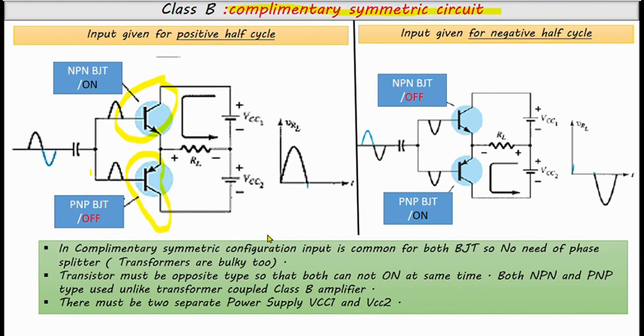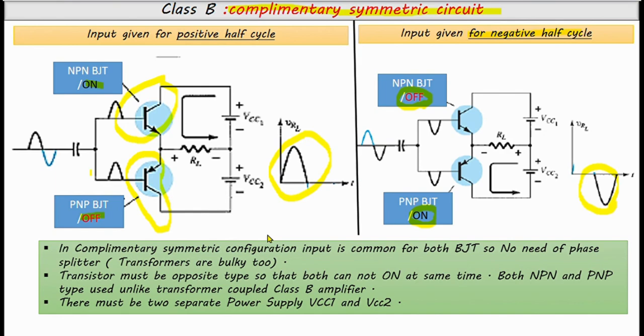If the input is a positive half cycle, then the upper BJT is on and the lower BJT will be off, so we will get output for the half cycle. And for the negative half cycle, the upper BJT, which is NPN, is off, so the lower BJT, which is PNP, will be on, so we will get the lower part of the sine wave.